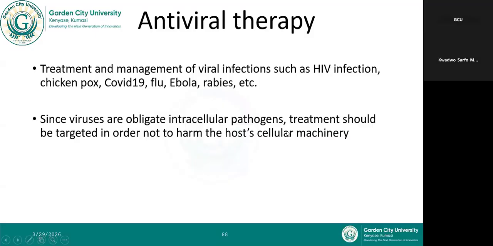They hijack the host cell machinery. So in treating them, you may be targeting a pathway that will be inhibiting the processes within your own cells and not the virus.